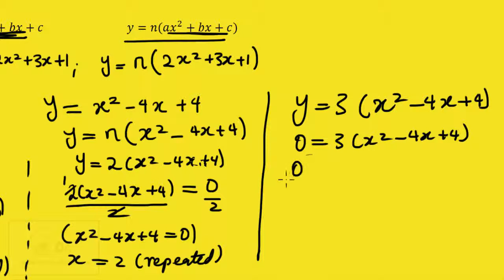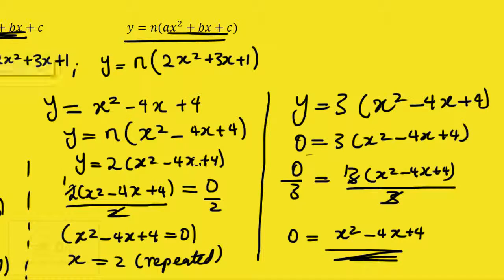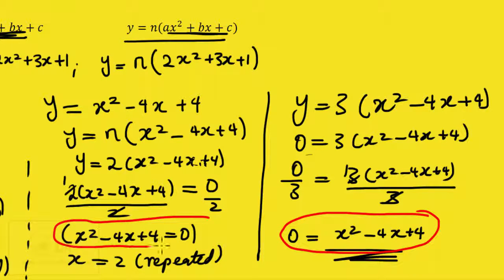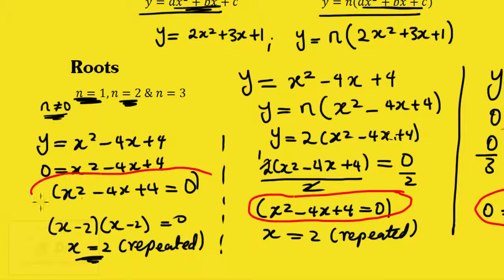And when I do that, I get 0 divided by 3 equals this whole expression divided by 3. 0 divided by any number is 0. And 3 over 3 is 1. So that just gives 0 equal to x squared minus 4x plus 4. Again, we've arrived at the same equation. Same roots.